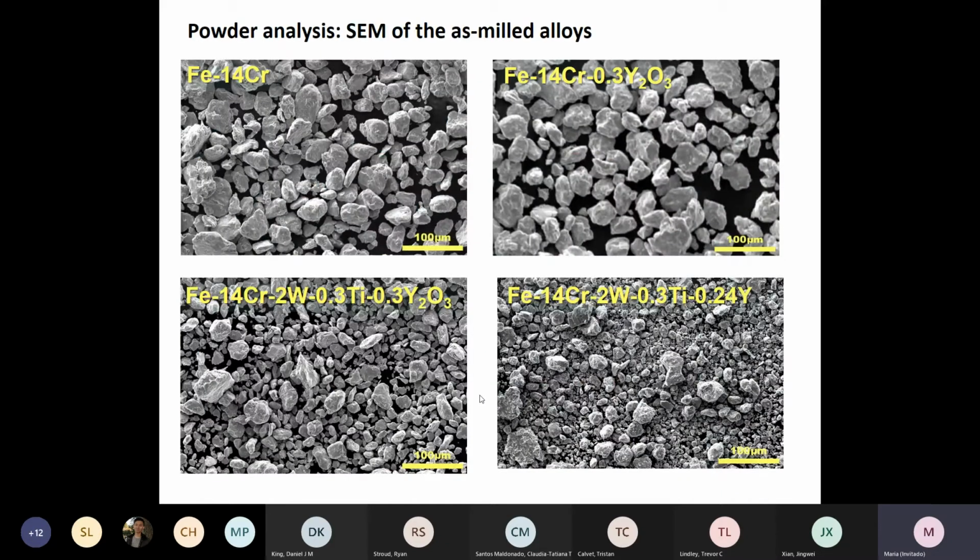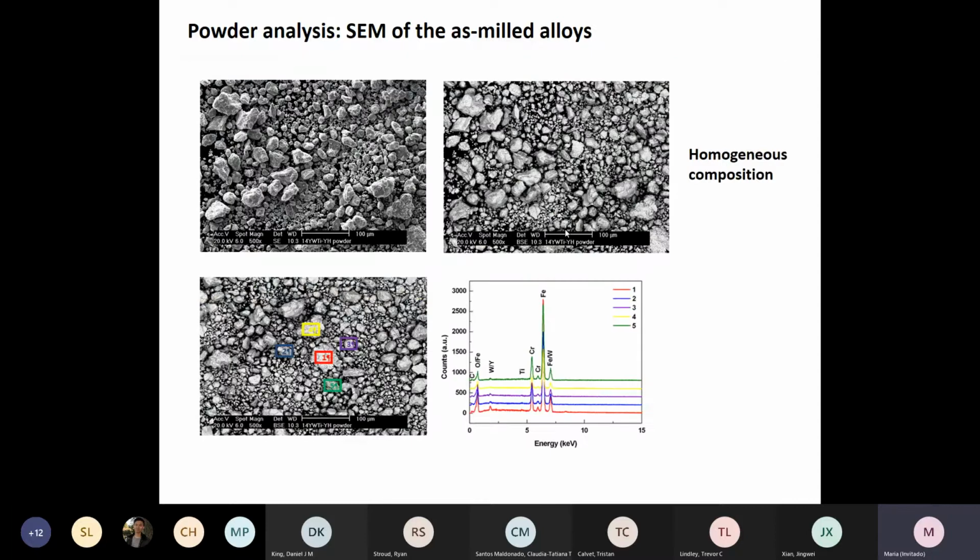The first thing that we need to do is to check the powder that we have milled, and not only to evaluate the size and the shape in case anything goes wrong. Here we can see that we start with several nominal compositions, but they look like what we expect. These irregular shapes are something that we can definitely expect.